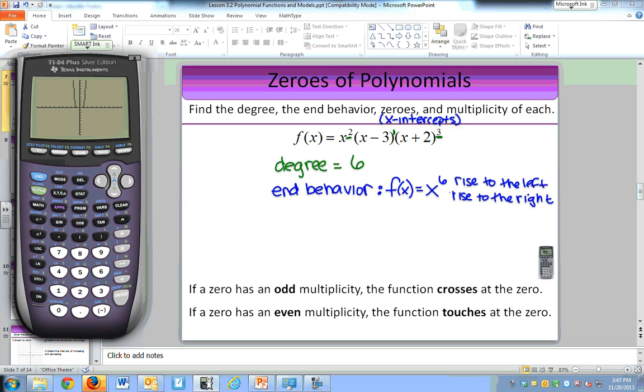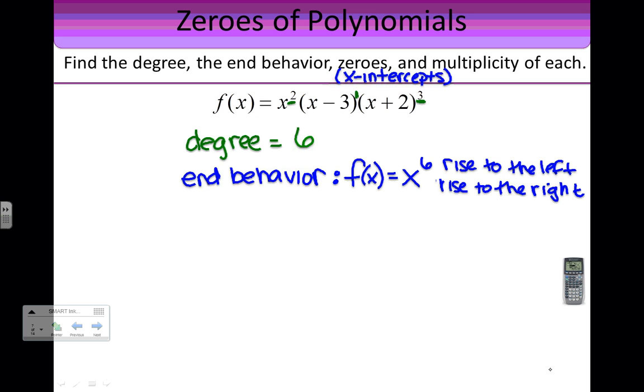You can see that that's what the graph of x to the 6th looks like. On the left side, it's going to rise up to the left and it's going to rise up to the right. So the end behavior, what is it doing on the left? What is it doing on the right? Okay. So that's what I want you to describe to me in words. All right, so the end behavior, it rises to the left, rises to the right.